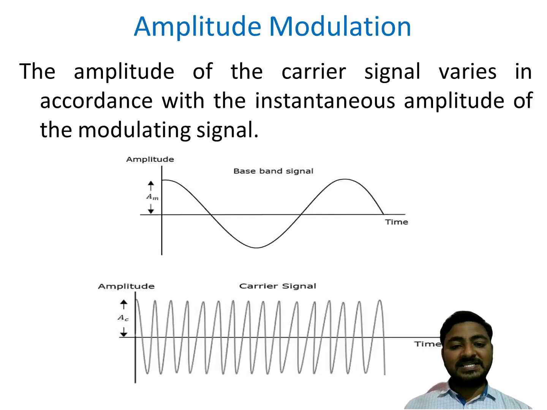One is the message signal, the second one is the carrier signal. The message signal is a low frequency signal. The amplitude of the message signal is AM. The frequency of the message signal is FM. Then the second signal is the carrier signal. Carrier signal means a high frequency signal. The amplitude of the carrier signal is AC and the frequency of the carrier signal is FC.